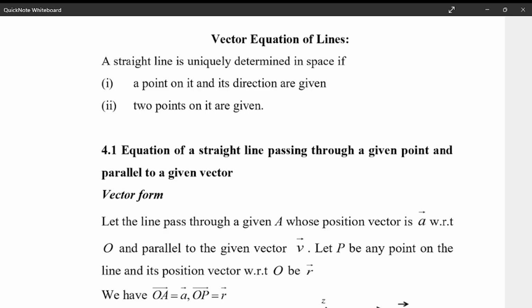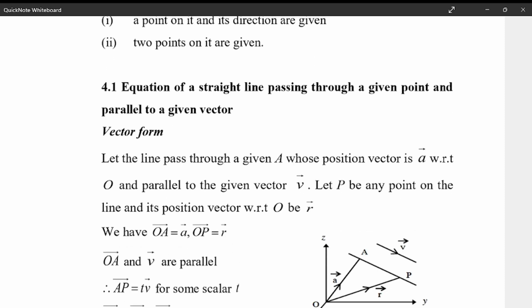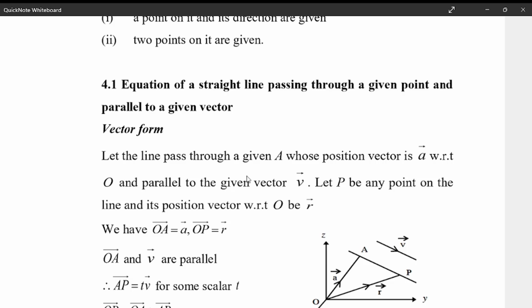So in vector form, in this figure here, we are saying that there is a line passing through point A, and this point has a position vector with respect to the origin as indicated here.